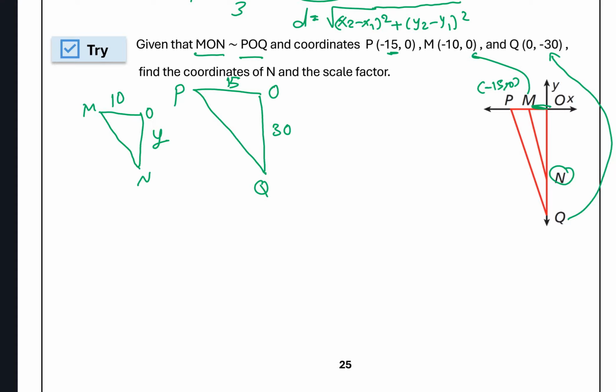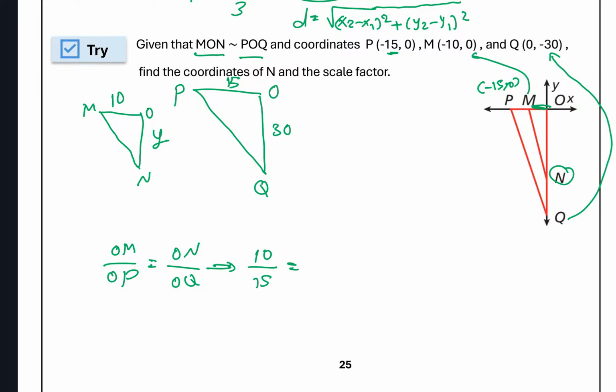So the corresponding sides over each other, we can say 10 over 15, OM over OP, should be the same as ON, which we are looking for, over OQ. Okay, students, OM in this question is 10. How about OP is 15?